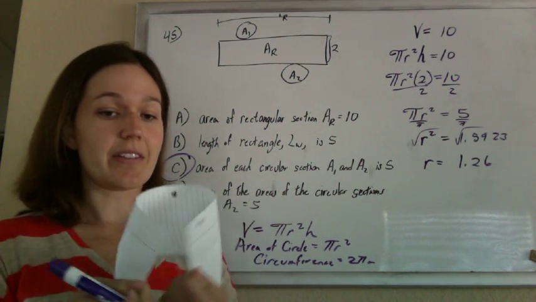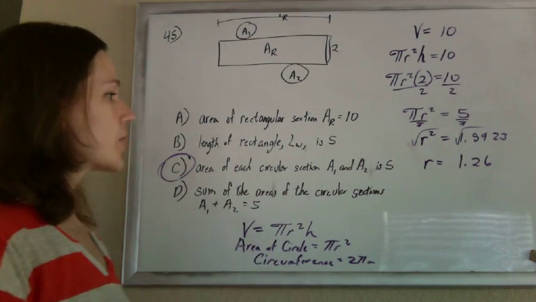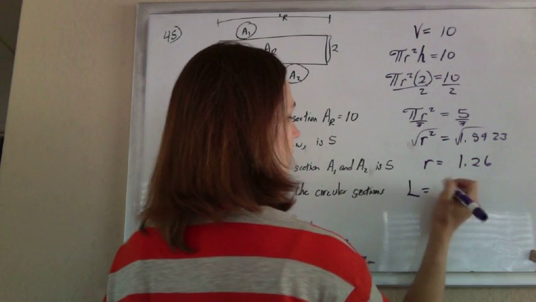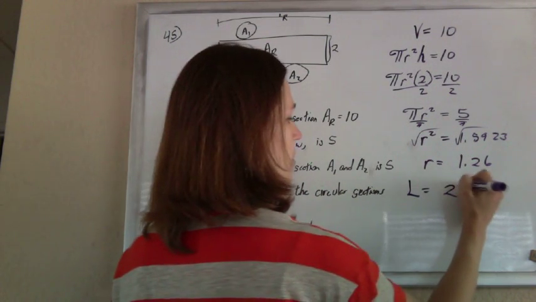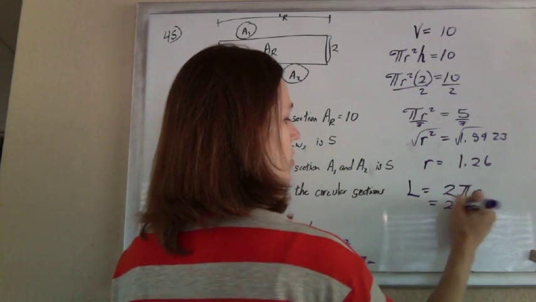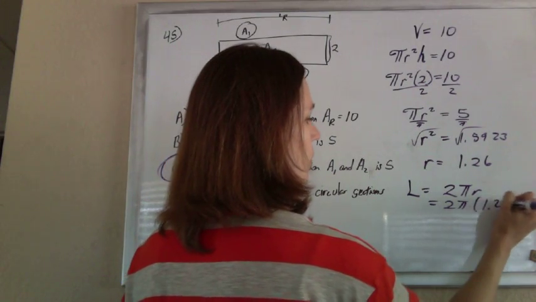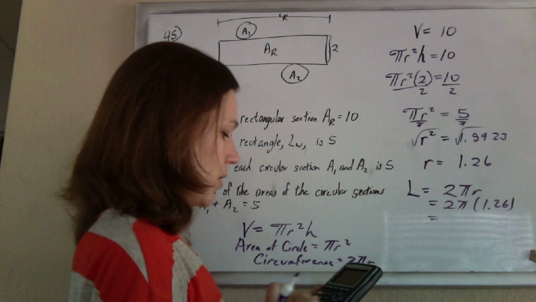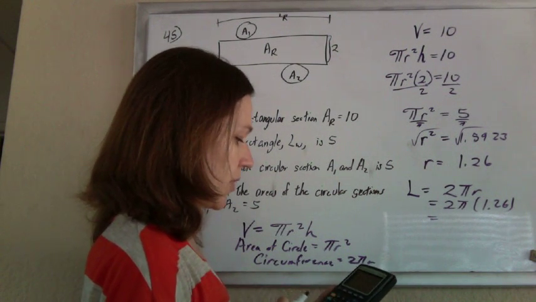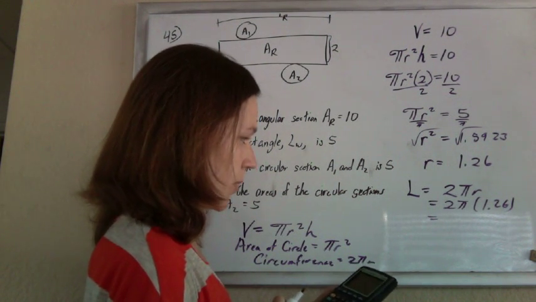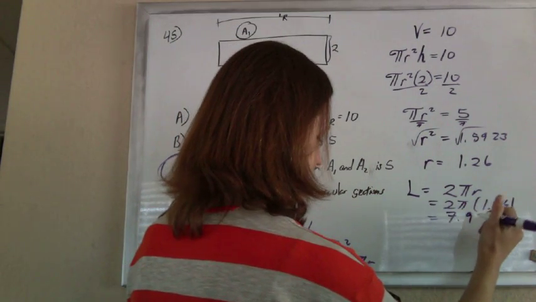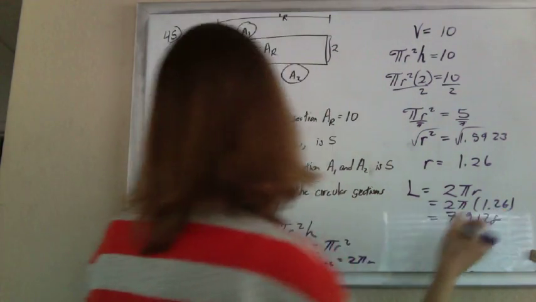So the length of it is the circumference of the circle. So if I want that length, it is the circumference, which is 2 times pi times r. So it's 2 times pi times 1.26. So it's, just for kicks, 2 times, I'll round pi to 3.14, times 1.26. And so the length of that rectangle is actually supposed to be 7.9128.